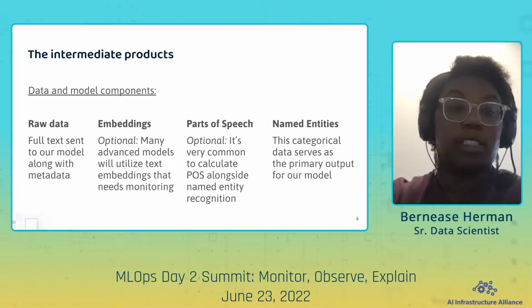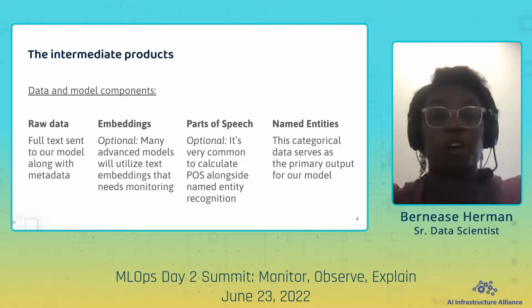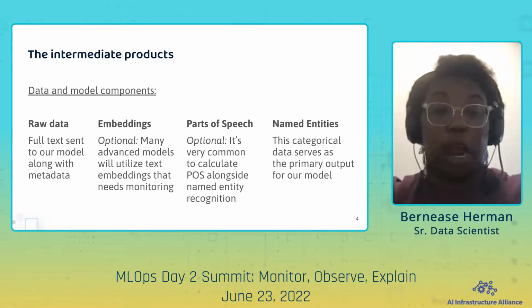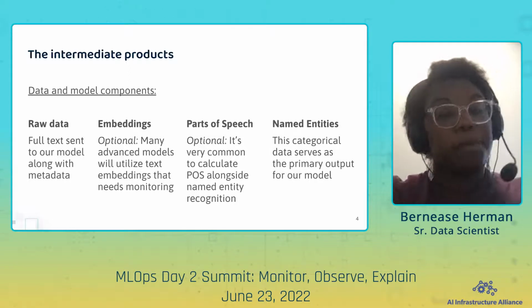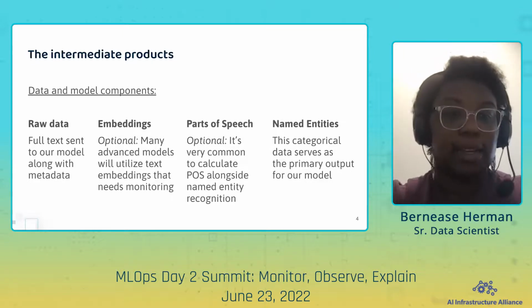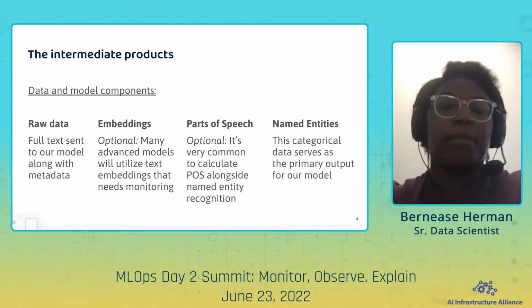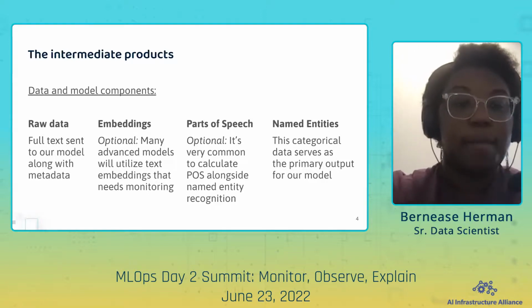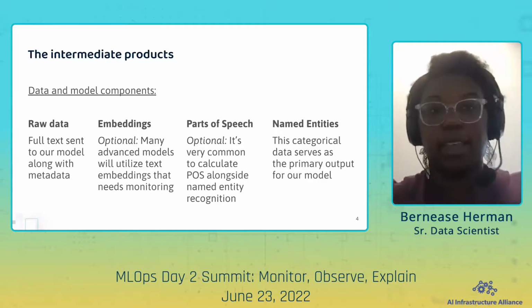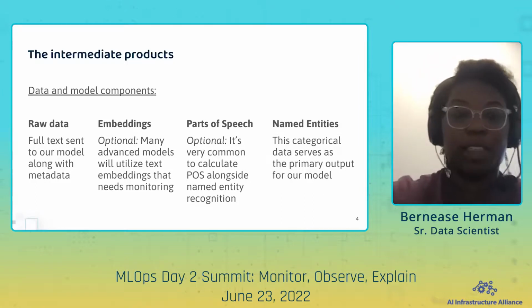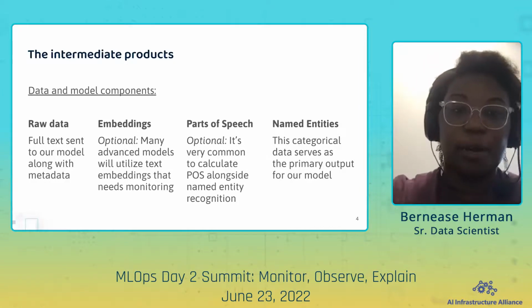And this looks to have several components, some of which are optional. So the input to the model is raw data. So this is the full text that's sent to our model. I'm assuming we're getting full text, along with metadata that you may have with the application, as I've mentioned earlier.